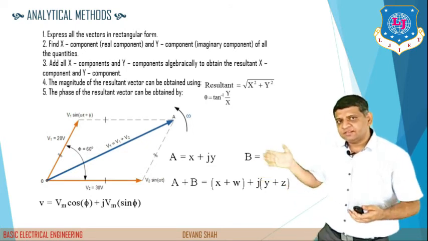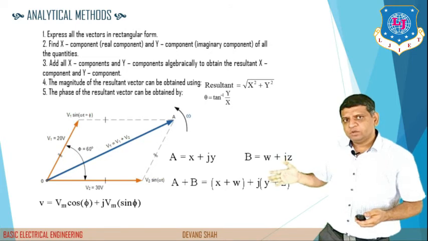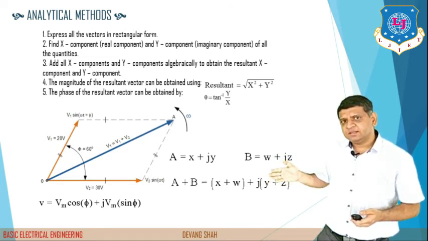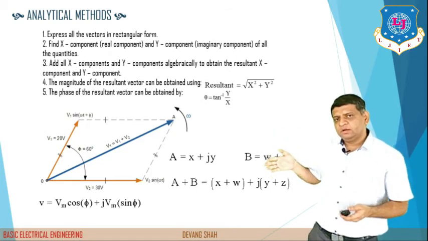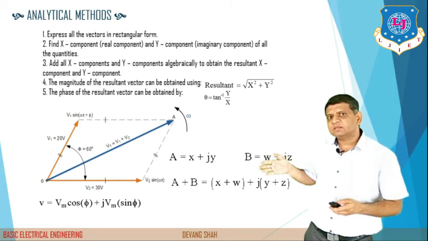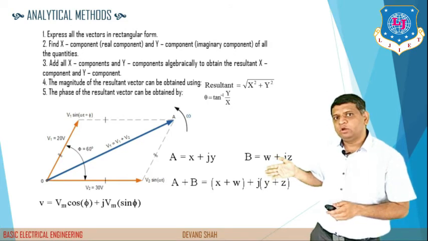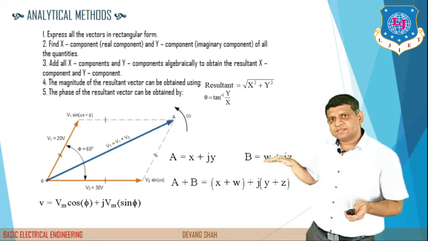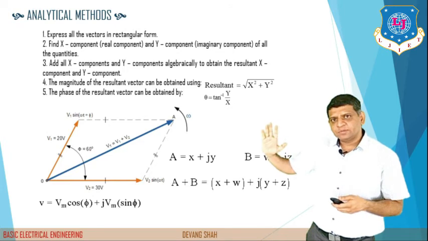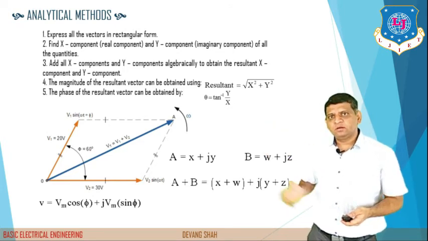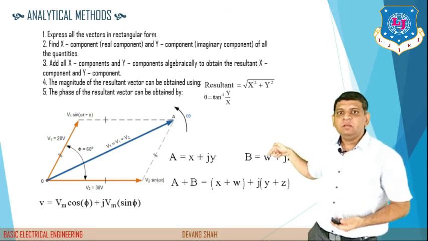Now you can see here there is a rectangular shape where there are two axes, the x-axis and the y-axis. Here, for x I can represent one of the values as, let's say, V2 is equal to 30 volt and V1 is equal to 20 volt, right? These are two values where x is represented as cos and y is represented as sine, right? Once you use the parallelogram method, the diagonal is represented as the resultant vector.